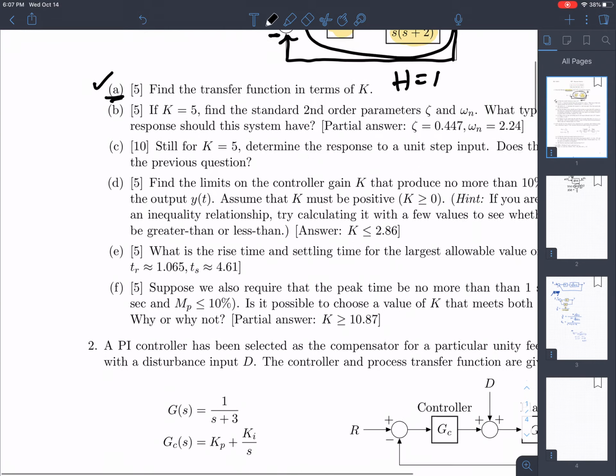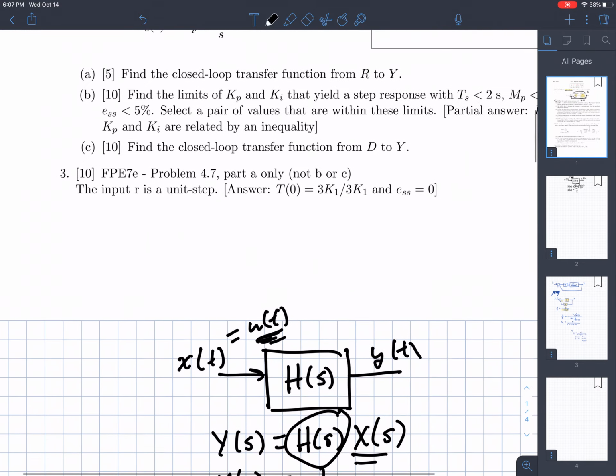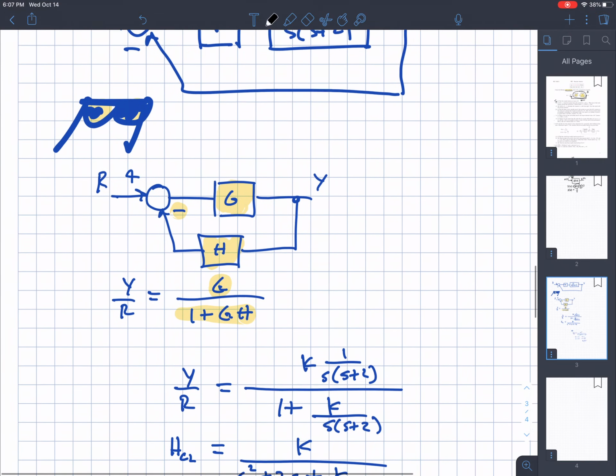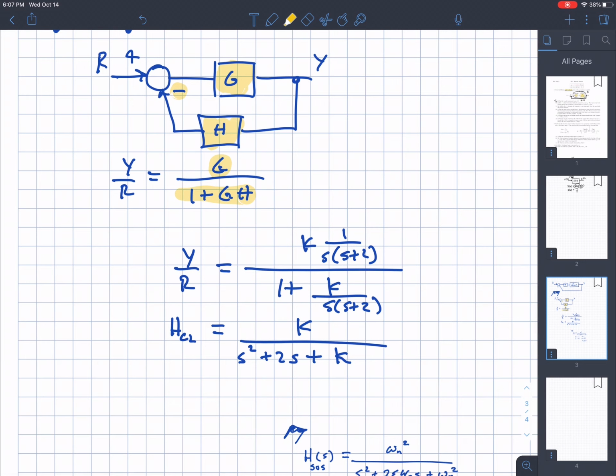So we plug that into that formula for the closed loop transfer function, and you see that's what I get here. K times 1 over S plus 2, then we have the 1 plus G. Remember H is equal to 1.